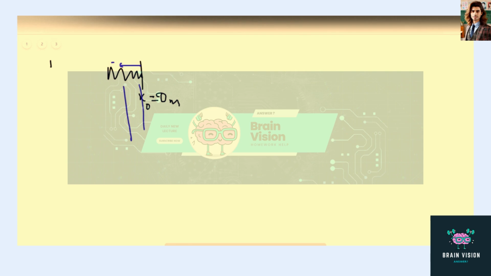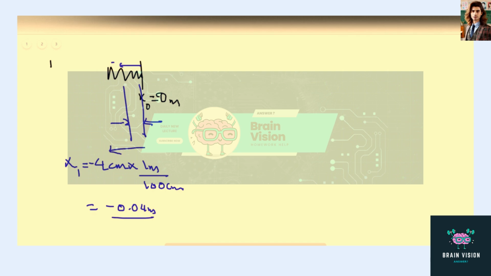It's compressed a distance of 4 centimeters. Change that to meters, so x1 becomes 4 centimeters. It's moving in the opposite direction, so we put a negative, and you get negative 0.04. That's the displacement on the spring moving towards the left, and that's the number we're going to use.